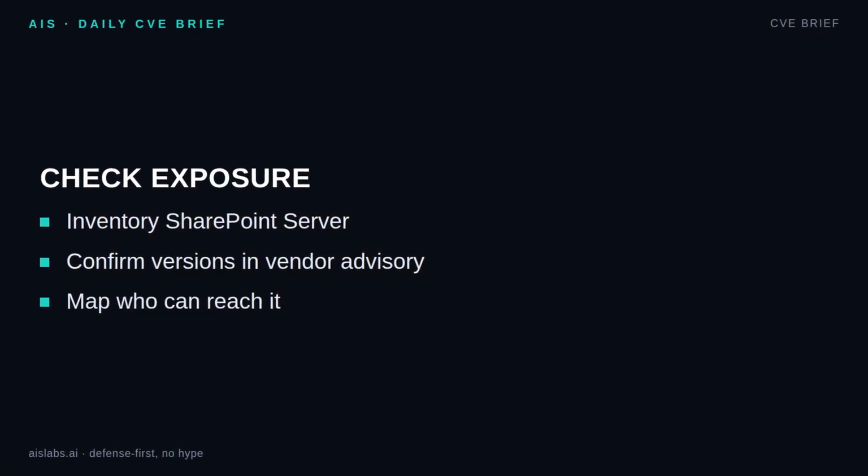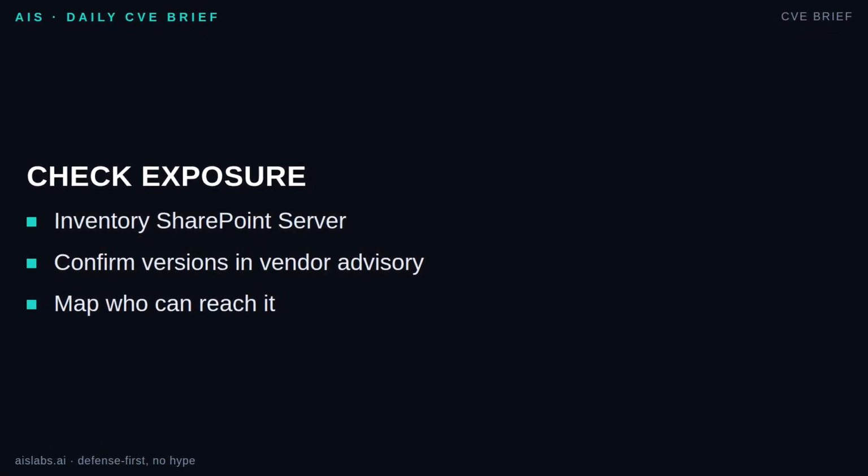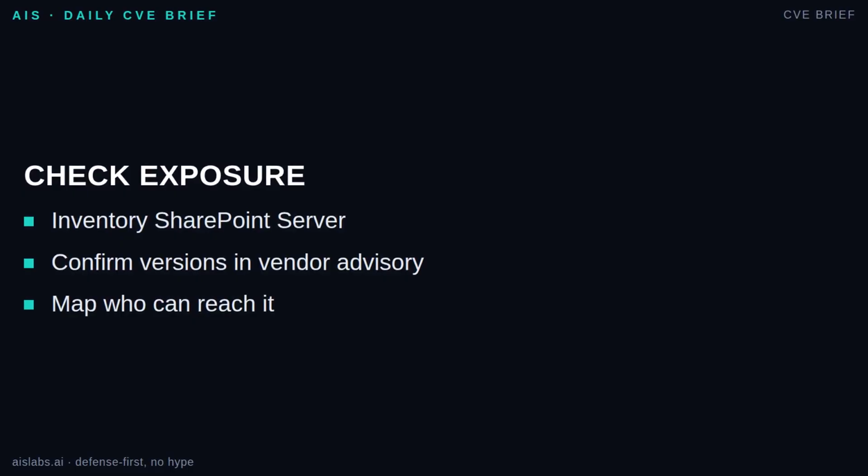To check whether you are affected, begin with inventory. Identify every Microsoft SharePoint Server instance your organization operates, including production, staging, disaster recovery, and older systems that may still be reachable. Then compare each deployment against the official Microsoft guidance for CVE-2026-56164. Do not rely on memory, screenshots, or generic product assumptions. Exact affected versions and update guidance must come from the vendor advisory.